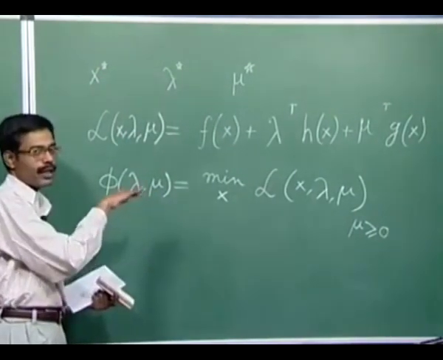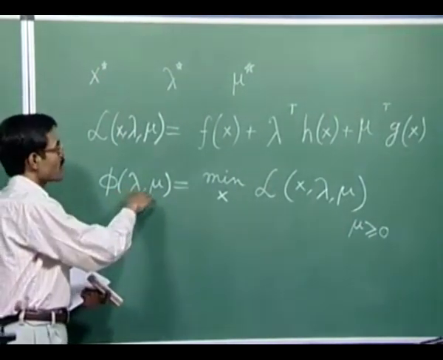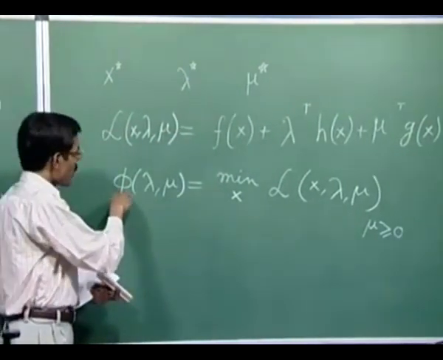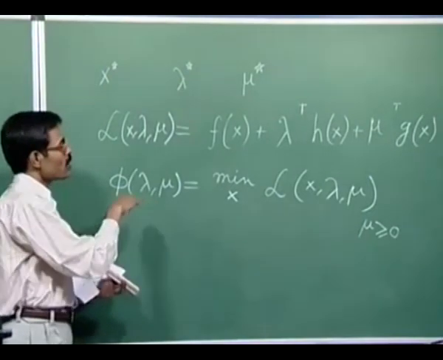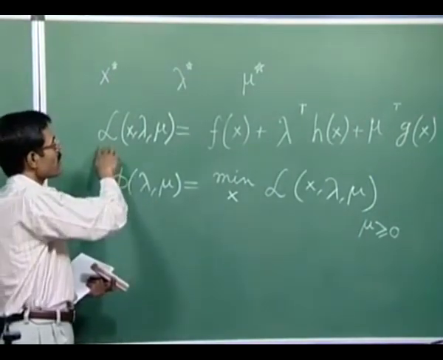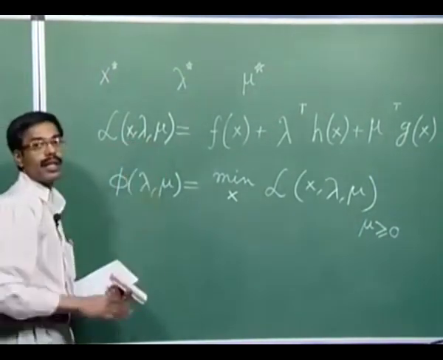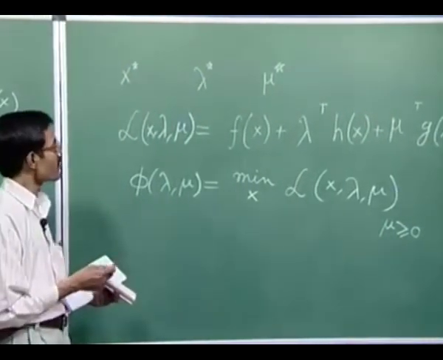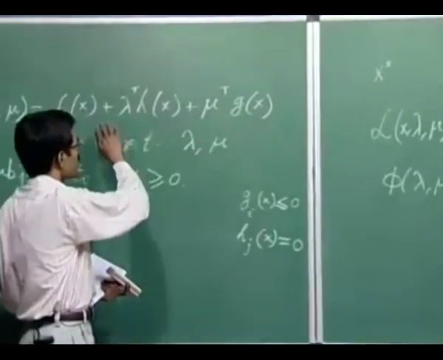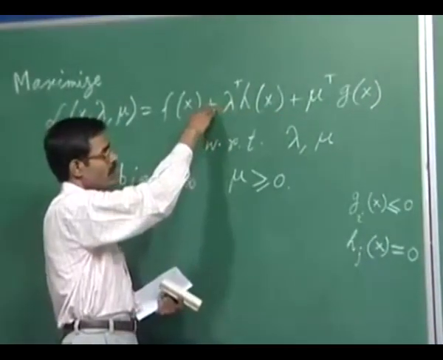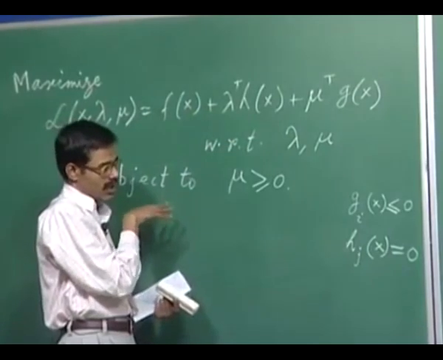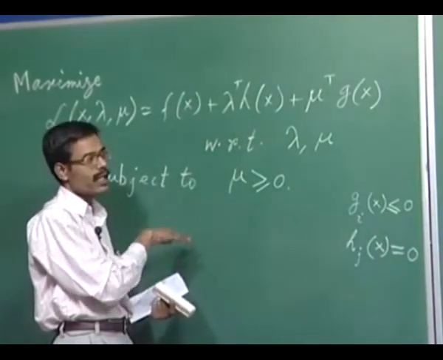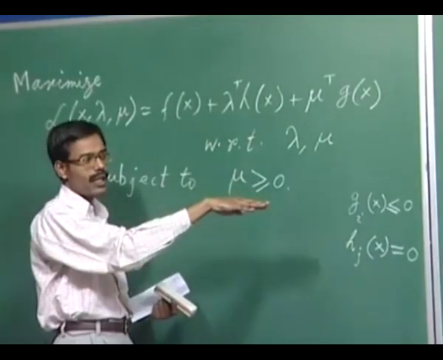You should get, under suitable conditions, the same lambda star mu star with which we started, and you should get the maximum value of this phi, which is the same as the Lagrangian value at x star lambda star mu star, and also the same as the optimal function value f of x star. Similarly, if you take the Lagrangian and from there you first maximize that and get back the original primal problem, and then conduct the minimization of that, then also you reach the same point.